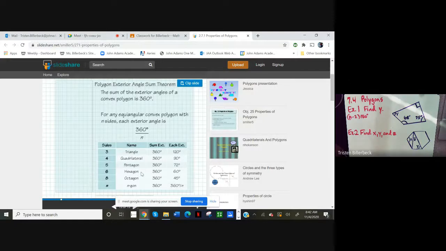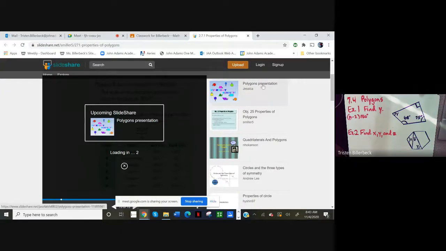If it's a hexagon, each exterior angle would be 360 divided by 6, which is 60. And this is a wonderful sum. So the formula for the individual exterior angle of a regular polygon is 360 divided by n.